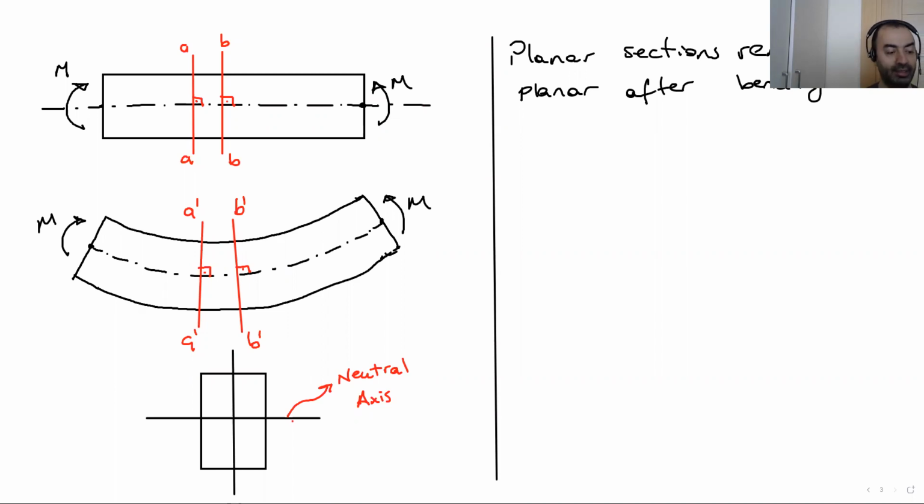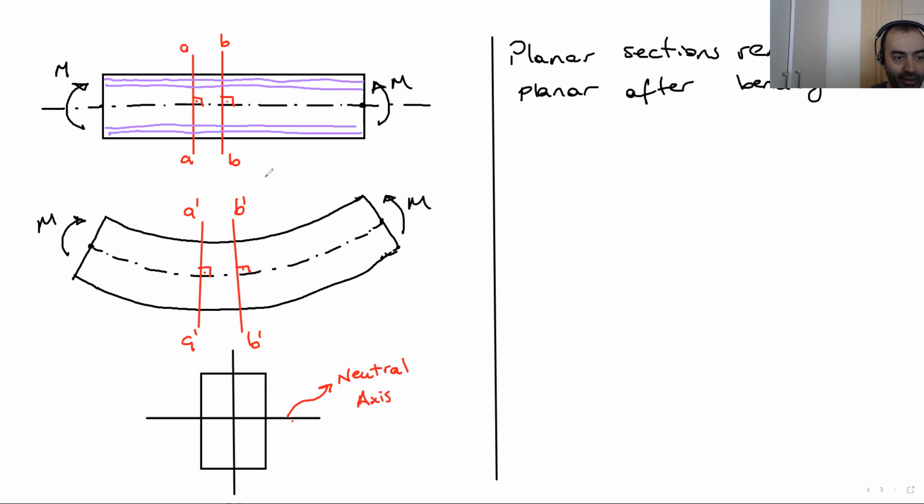Now, let's assume that our structural member is made of fibers. Let me show you the fibers. For example, here I have a fiber, one fiber here, a second fiber here. We can go all the way down to the bottom edge, here another fiber.